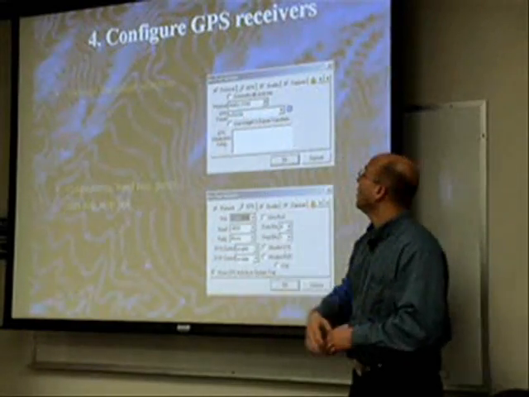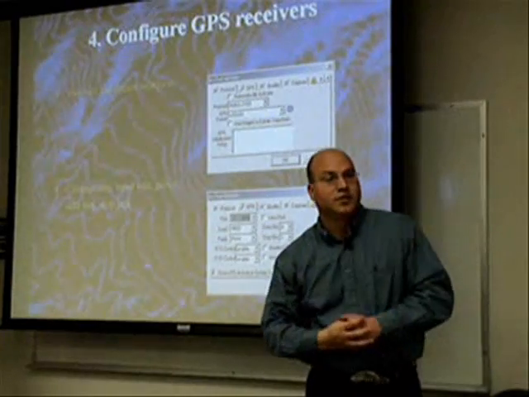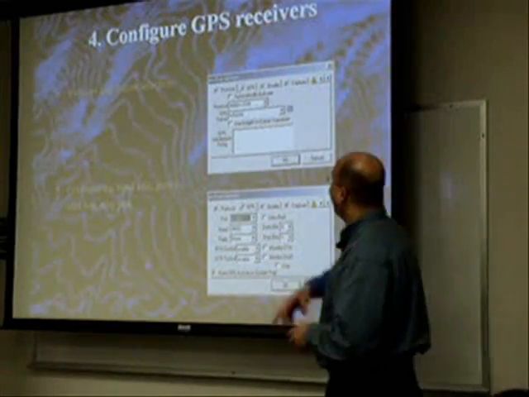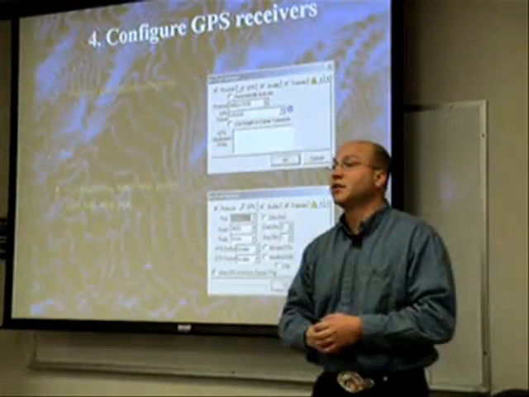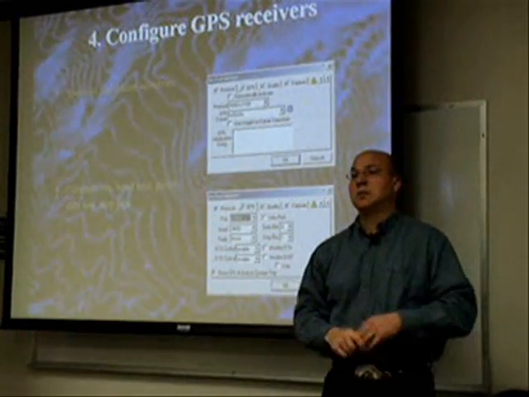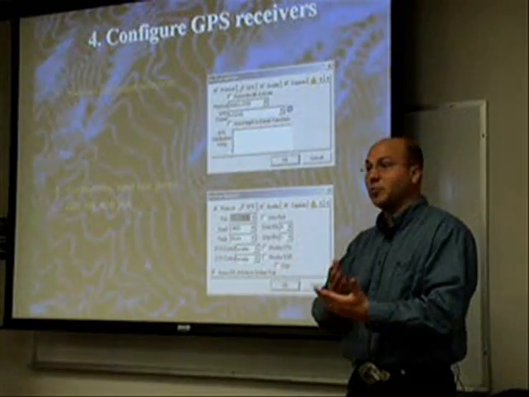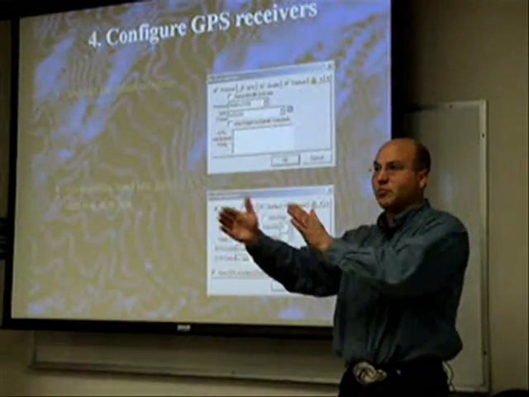The protocol is the first option here, and one of the protocols is, for example, NMEA 0183. And another one would be, for example, GPS Correct, and we'll come back to that. But here you can basically set the protocol, which is a standard that allows the program to communicate with the GPS receiver.